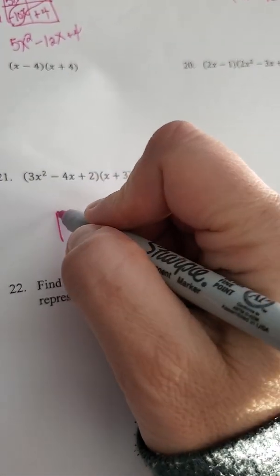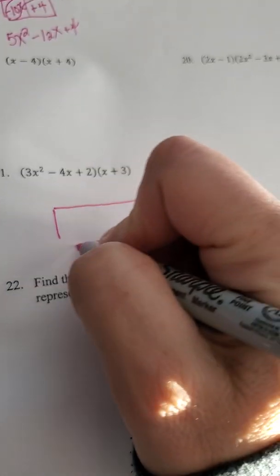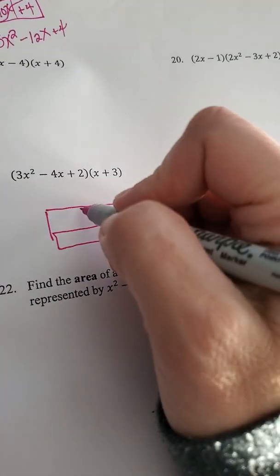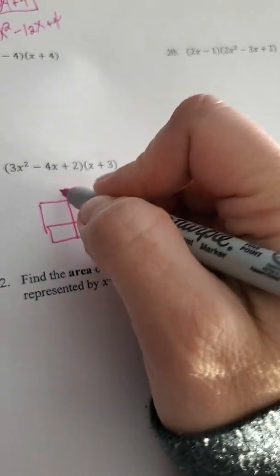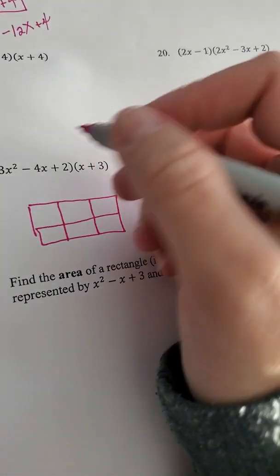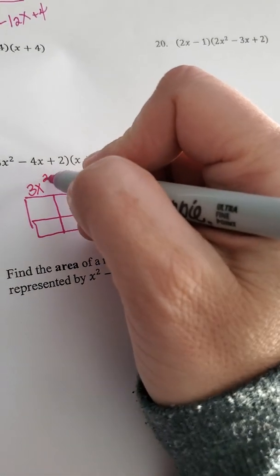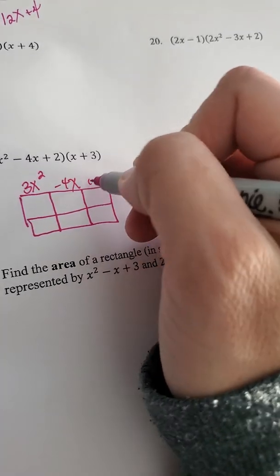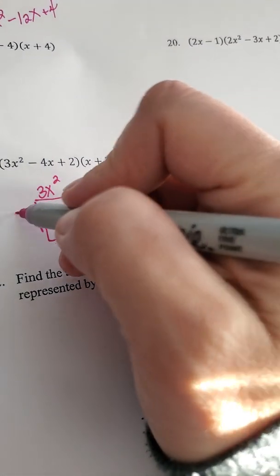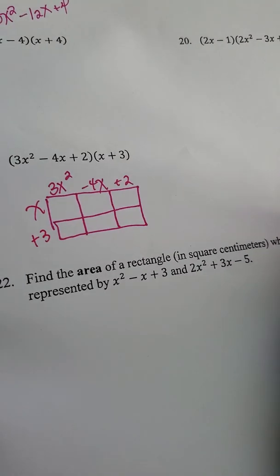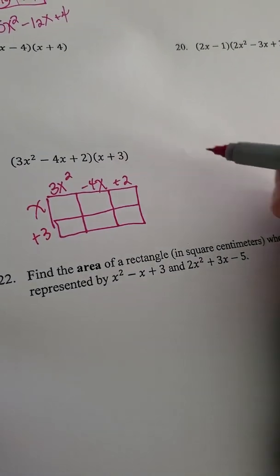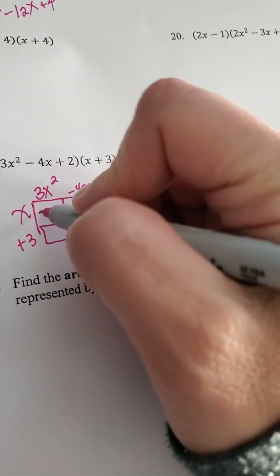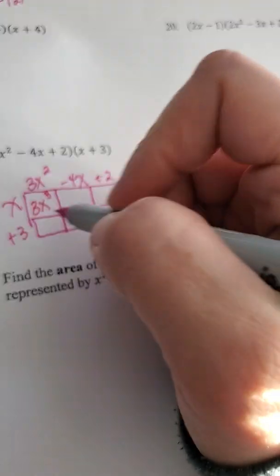So I have to make myself a box that has 3 terms on one side and 2 on the other. So I have 3x squared minus 4x plus 2 up here, and I have x plus 3 down here. And we do the same thing as if we had a 2 by 2. 3x squared times x is 3x to the 3rd.